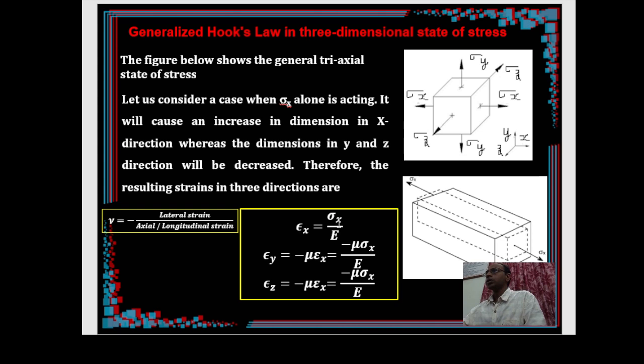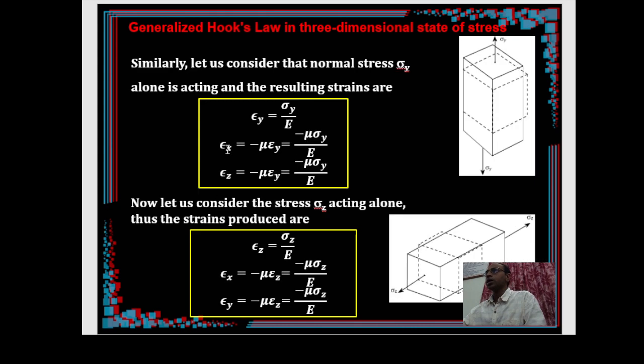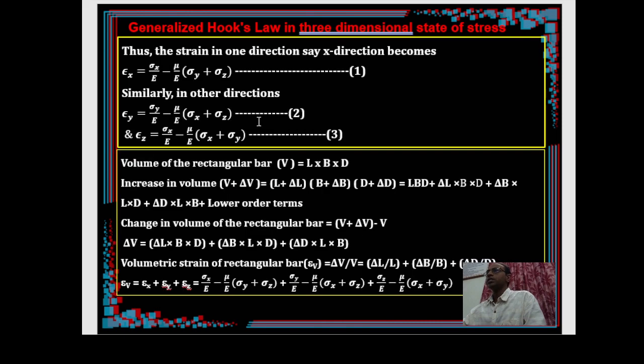Then in the other two places, when the stress is acting in the y and z directions, there also we got epsilon x. If you sum them all, you will be getting epsilon x for the three-dimensional state of axial stress system.